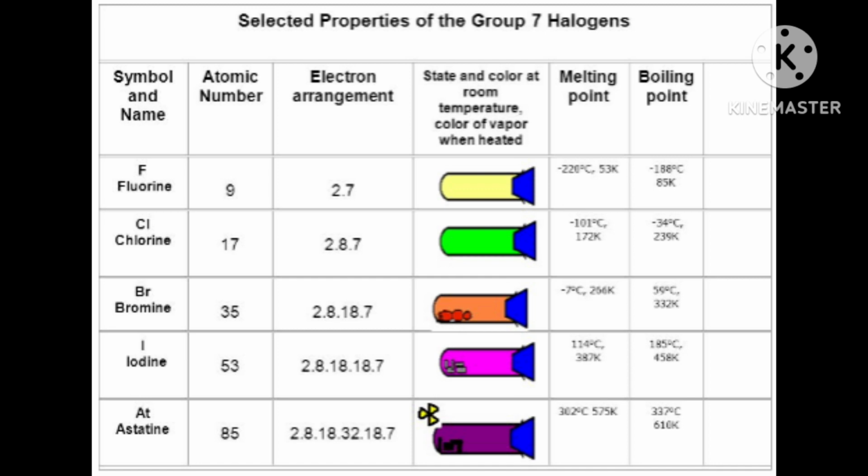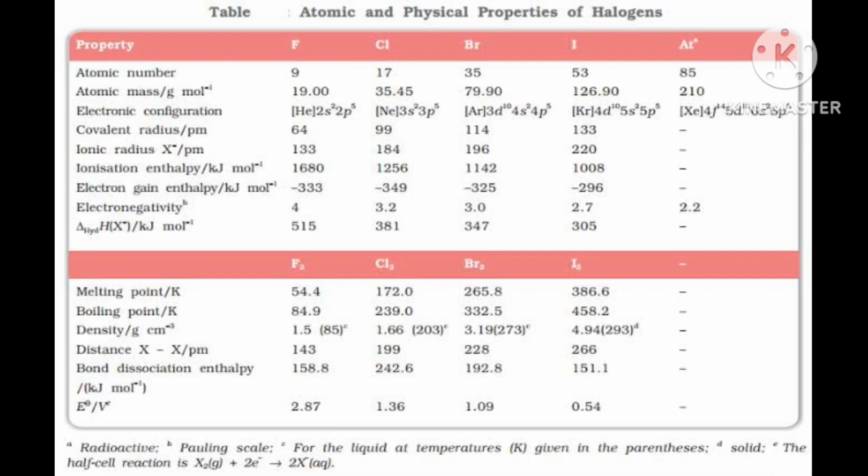Now come to the electron gain enthalpy. It is also known as electron affinity. Halogens have maximum negative electron gain enthalpy in the corresponding periods. Electron gain enthalpy will always be negative. This is due to the fact that the atoms of these elements have only one electron less than the stable noble gas configuration.